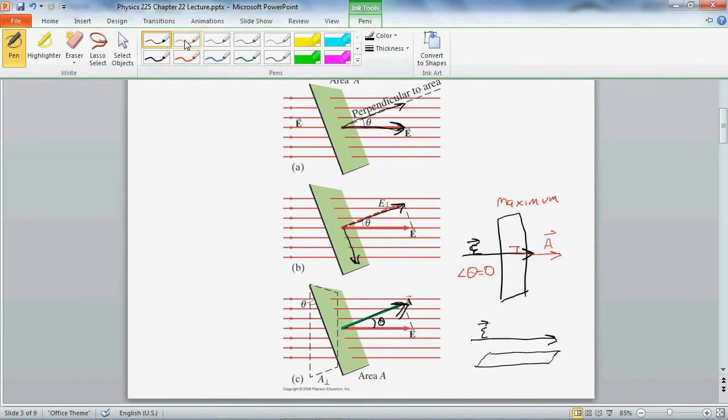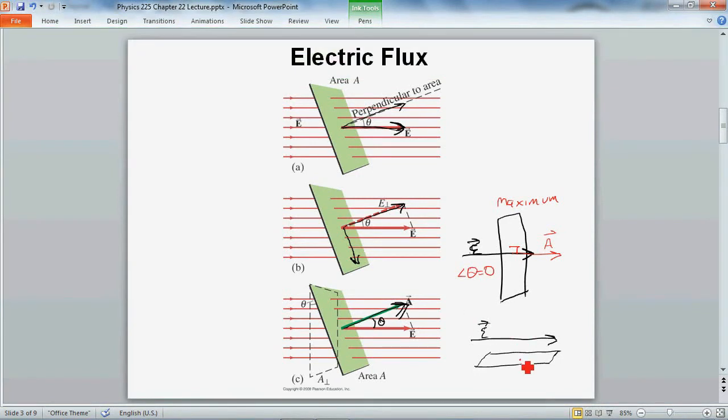So my area vector is going to be pointing straight up, which means that there's a 90-degree angle between the electric field and the area vector. In this case, the angle theta is equal to 90 degrees, and this gives me a minimum phi. And actually, phi is going to be equal to 0 at this point.